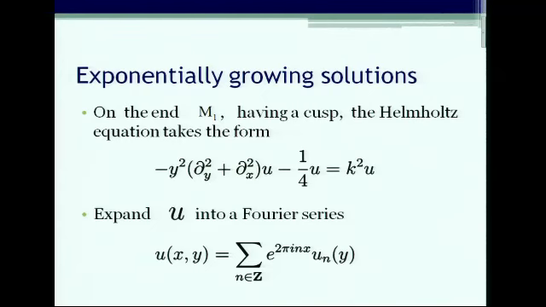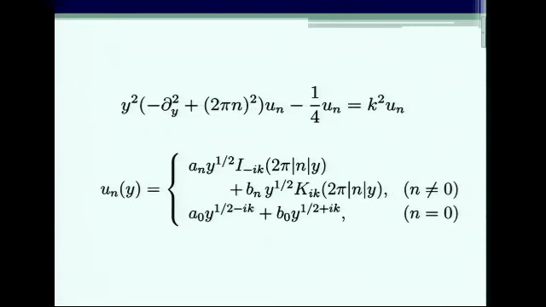Let us consider the Schrödinger equation on the end. By passing to the Fourier series, each component of the Schrödinger equation satisfies this one-dimensional equation, and the solution is written by modified Hankel functions, modified Bessel functions.